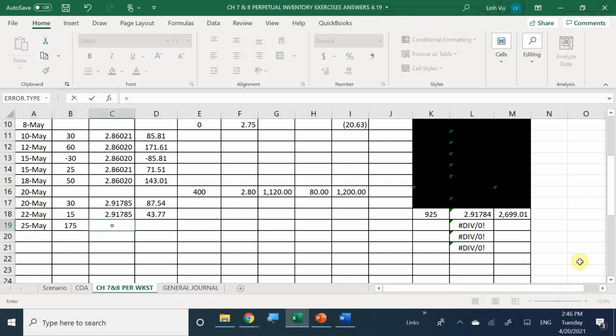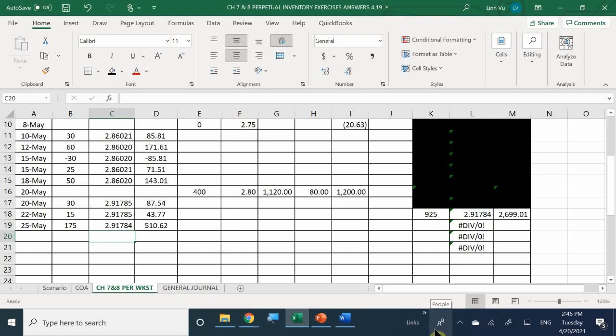At what cost is this going to be? 2.91784. Good. So therefore, what is my total cost of goods sold? 510.62. So that's the number that we're looking for.